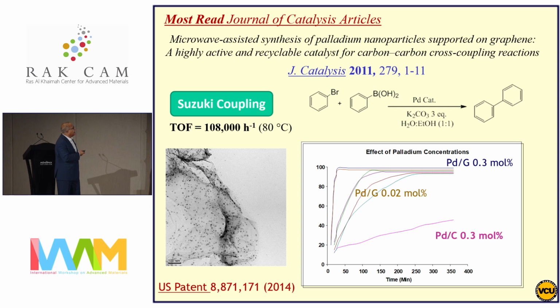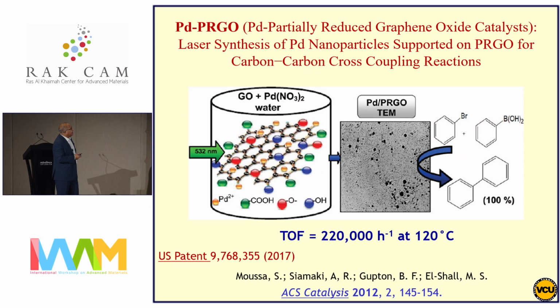Actually, we measured a turnover frequency of 108,000 products per hour at 80 degrees centigrade, and that was one of the highest values ever measured for a heterogeneous catalyst for this reaction at that time. We followed this by using the other method to make the palladium catalyst, laser irradiation, and in this case, the laser irradiation reducing the metal ions in solution actually produces more defects.